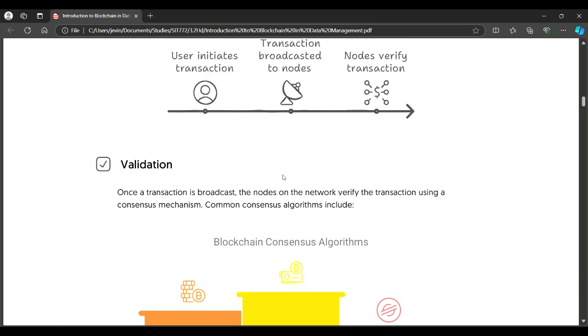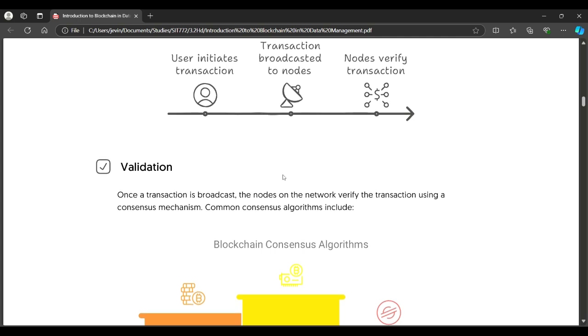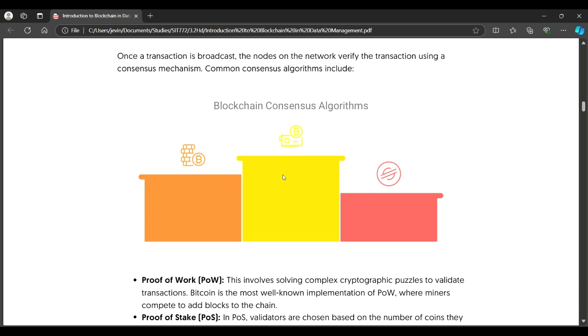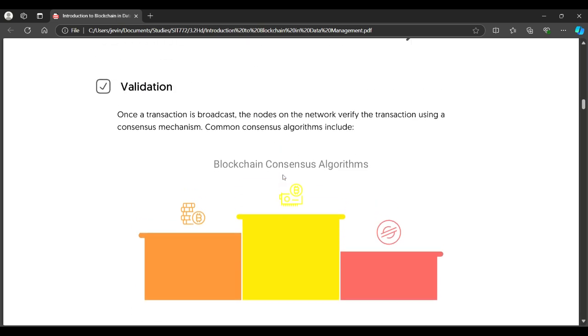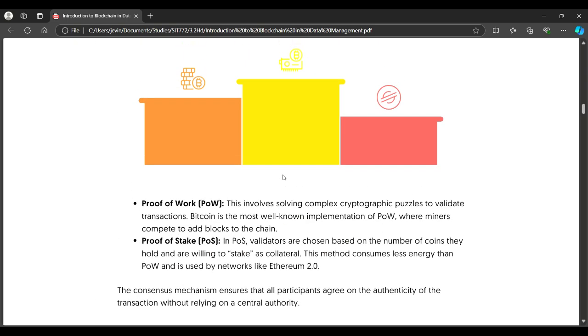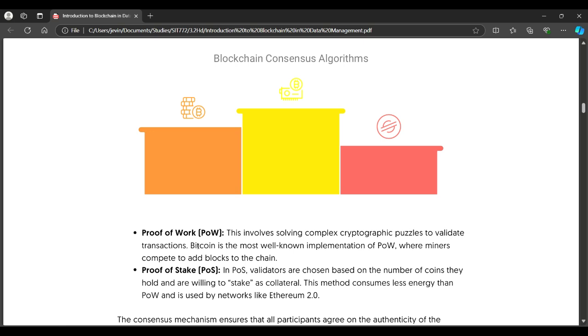Once the transaction broadcast is done, the nodes on the network verify the transaction using the consensus mechanism, where the algorithm includes proof of work and proof of stake. Proof of work is nothing but a cryptographic puzzle that validates the transactions.